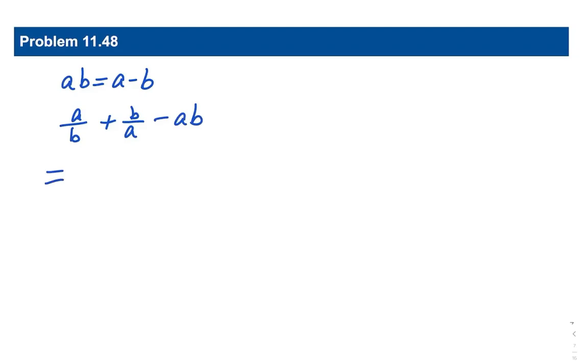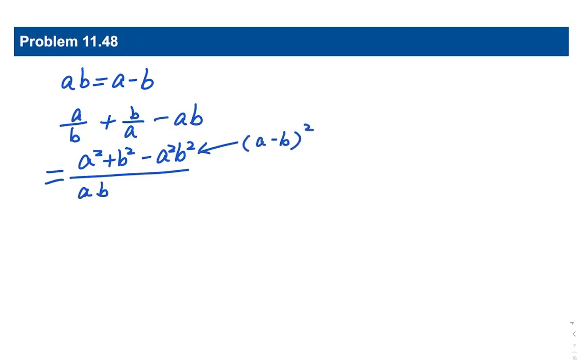Let's see, this is a squared plus b squared minus a squared b squared, divided by ab. Now, ab is a minus b, so a squared b squared is a minus b, squared.